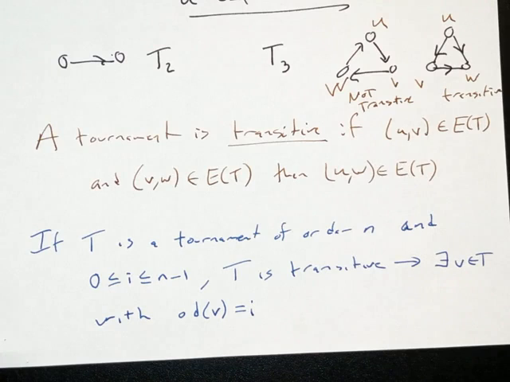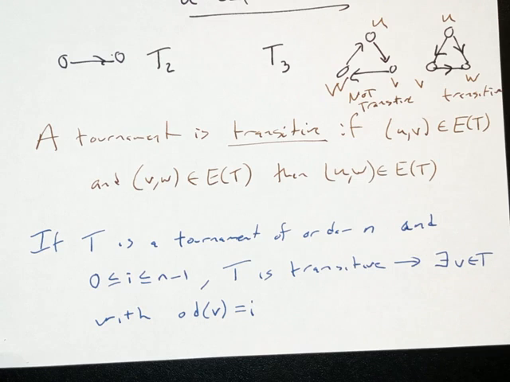If I have a transitive tournament, then there's a vertex of out degree 0, out degree 1, 2, all the way up to n minus 1. If I've got order n and the tournament is transitive, somebody beat everybody else.